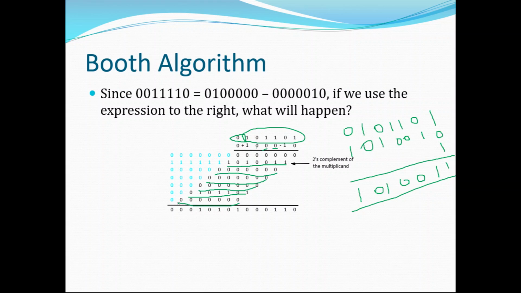Now finally we need the result to have the full number of digits. So how many bits should the result have? The multiplicand and multiplier each have 7 bits, so the result should have 14 bits. So that many times you have to extend the sign bit.